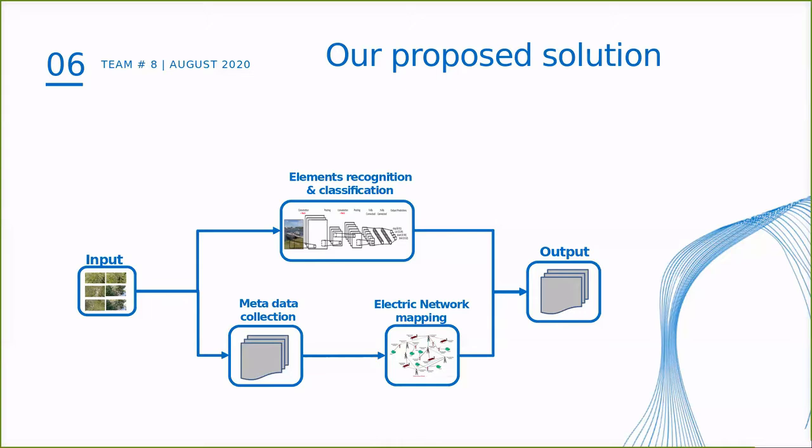To do that, we pass the image to a convolutional neural network that recognizes and classifies the components of the transmission tower. With this, we can now display a maintenance order so the bad components can be changed, cleaned, or repaired.